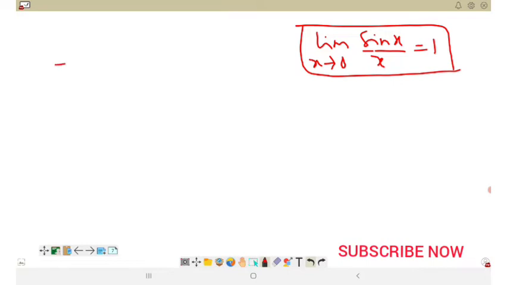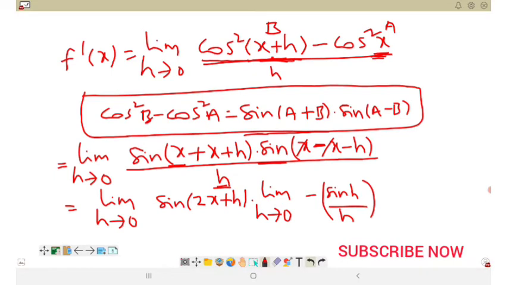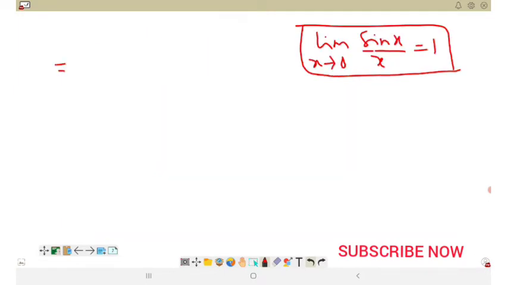So limit h tends to 0, sin of 2x plus h. Substitute h equal to 0, so sin of 2x.